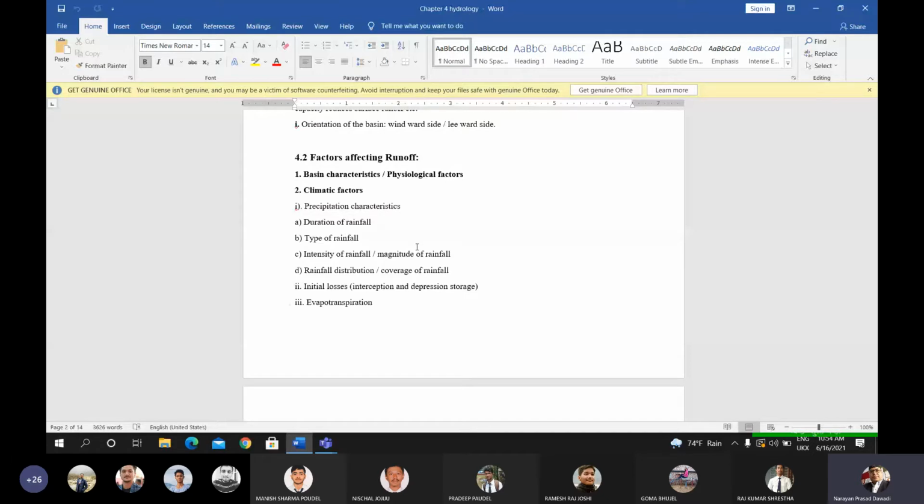Okay, you can do it in this way. Intensity of the rainfall: if the intensity of rainfall is very high, then the chance of the raindrops compacting the topsoil pores may be high.